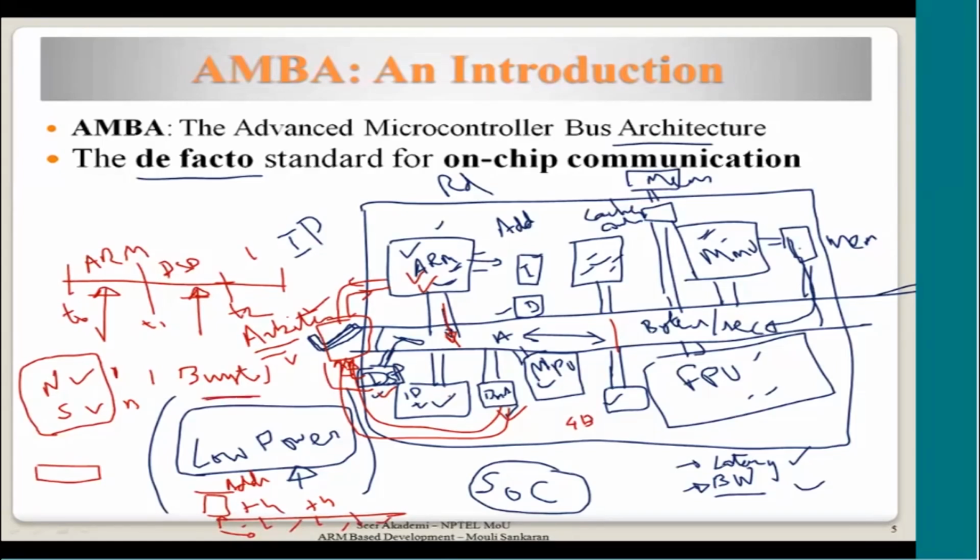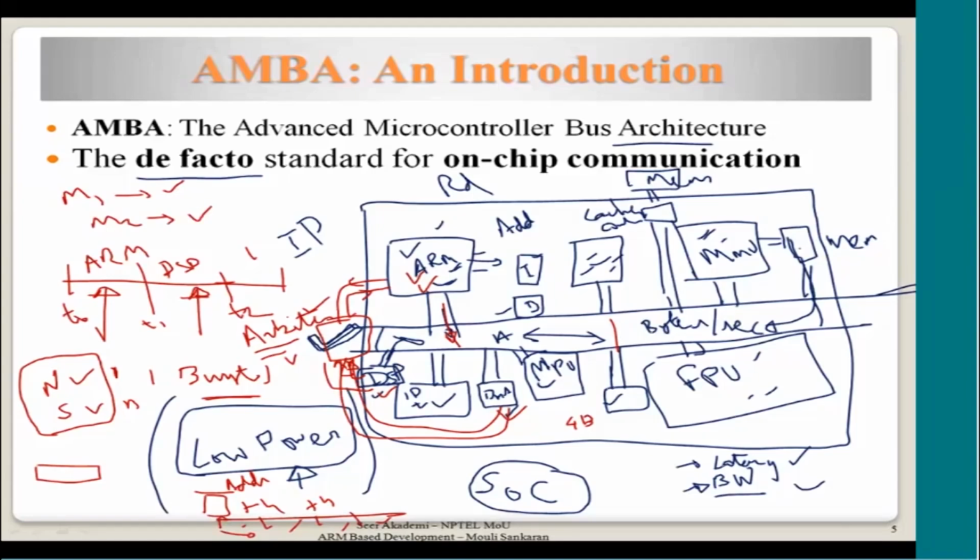And then there will be a split transaction. When we have multiple masters trying to transact over the bus, one option is that one master communicates and finishes, and then the next master communicates with whatever slave.